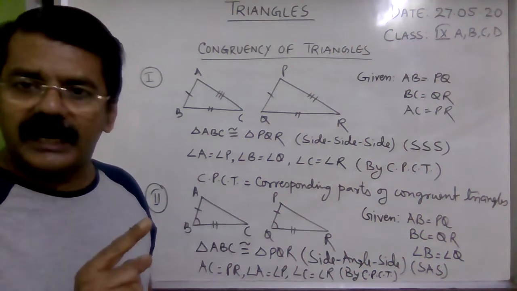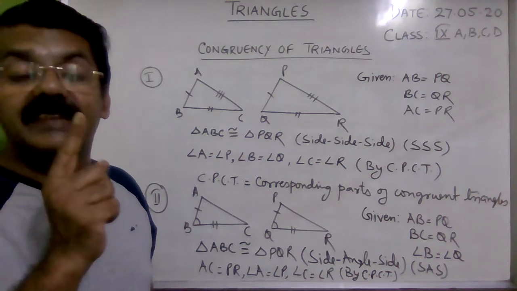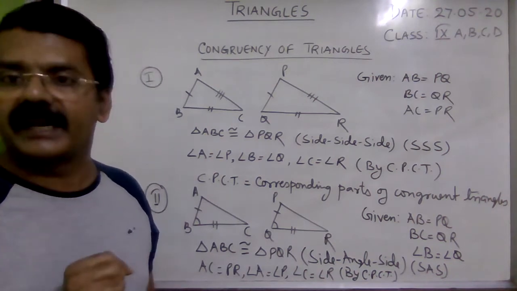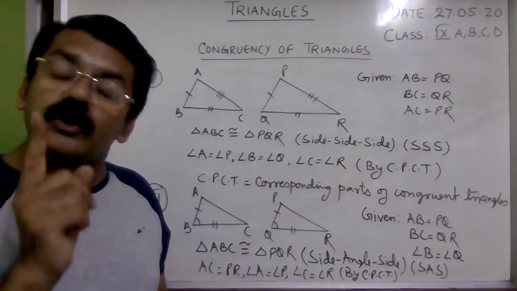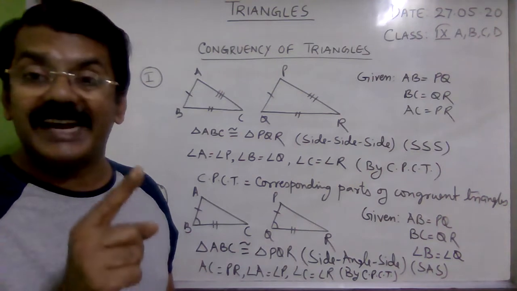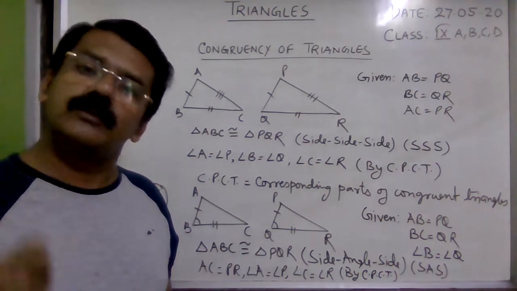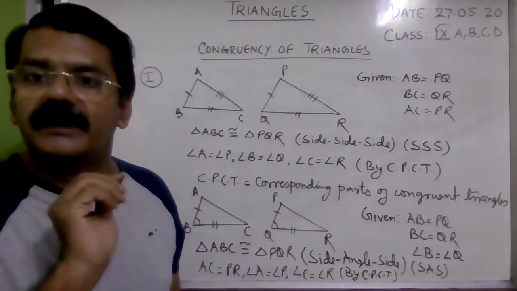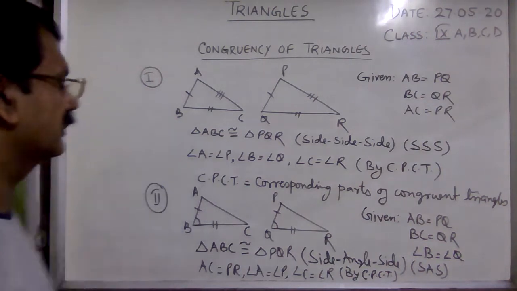For SAS congruency, the angle has to be the included angle, between those two sides. It should always be SAS, it cannot be SSA or ASS. Clear? It has to be SAS, the angle in between. Clear? Now the third criteria.